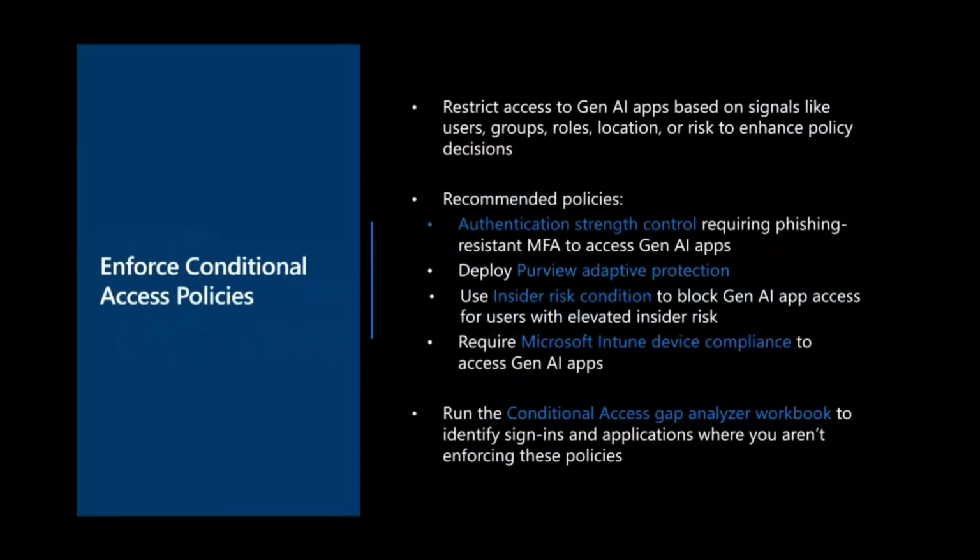We also recommend that you deploy Purview Adaptive Protection, which is a key feature, and I think that'll be covered in a few slides in more detail, but it's a key feature around managing access from a Purview perspective as well. There's also this notion of insider risk, and we're always having different detections. We have risk scores, user risk scores, and things like that.